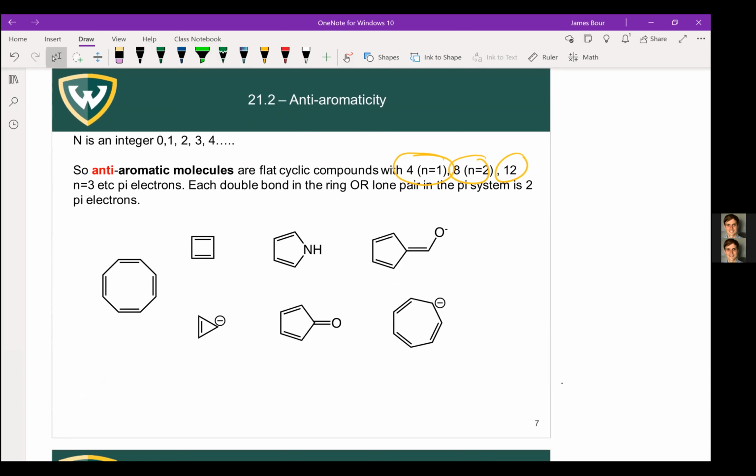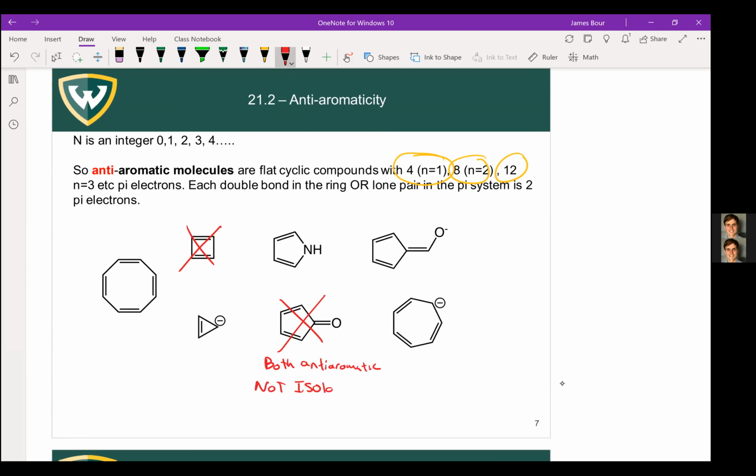Aromatic molecules are overrepresented. They're really common because they're more stable. Chemists can handle them. Anti-aromatic molecules are extremely rare. In fact, looking at 2 of these anti-aromatics, I know that this one, cyclobutadiene, and cyclopentadienone are both anti-aromatic, and they are not isolable.